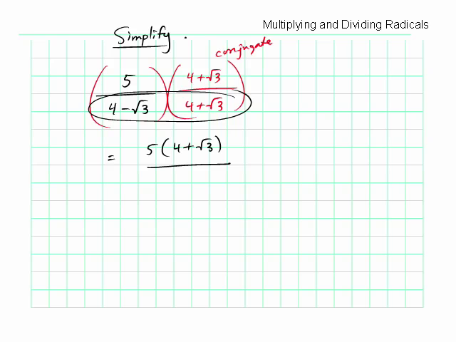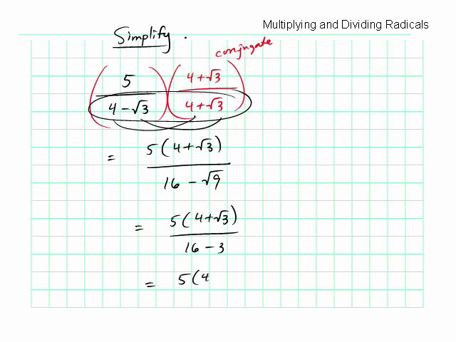Down here is our difference of squares pattern. So that's going to be 4 times 4 is 16, minus square root 3 times square root 3 is square root 9. 5 times 4 plus square root 3, all over 16 minus 3, which is 13. So my answer is going to be 5 times 4 plus square root 3, all over 13. You could distribute the 5 if you want to, but it is not necessary. That will be good enough.